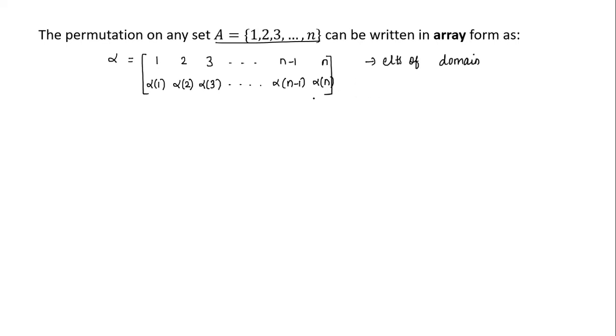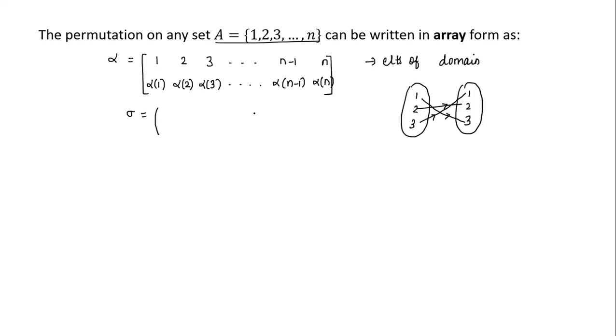For example, when we were making all the possible permutations on set A equal to 1, 2, 3, we had one permutation where we kept 2 fixed and interchanged 1 and 3. So this is the permutation we obtained. Now let me denote this permutation by sigma. Usually we denote permutations by Greek letters.